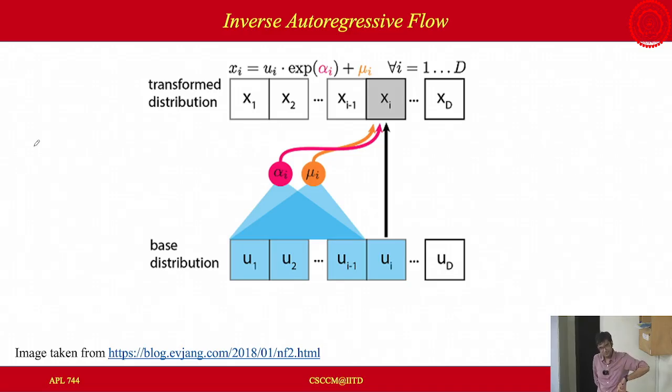Now from u2 and u1, you will get alpha 3 and mu 3. So the training now becomes autoregressive. Clear what is happening? But the inference, or not inference, sampling is parallel. We just need the x, that's all.